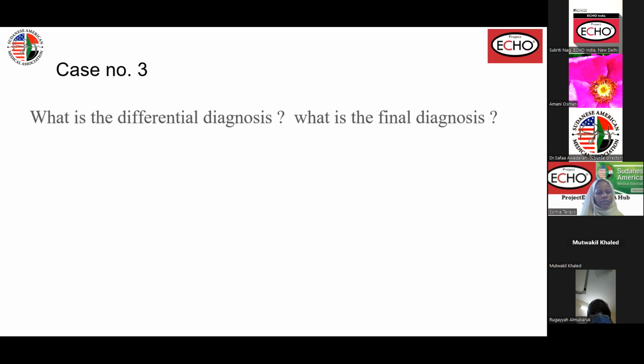Let's try to find differential diagnosis also. Syphilitic ulcer.